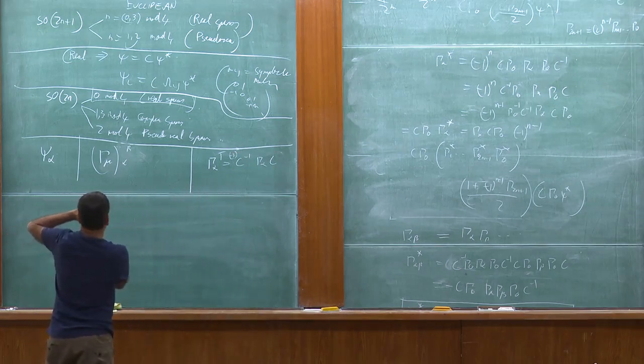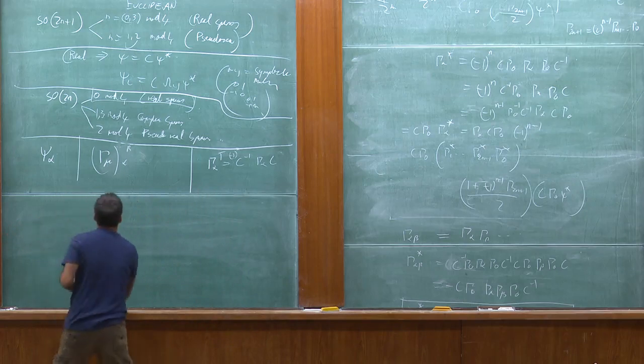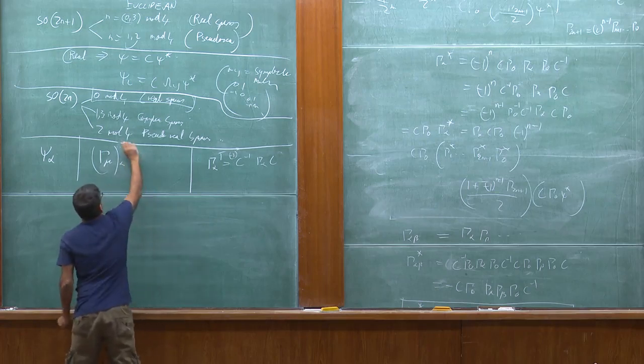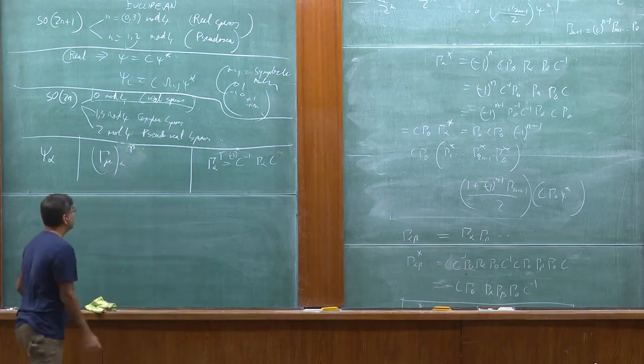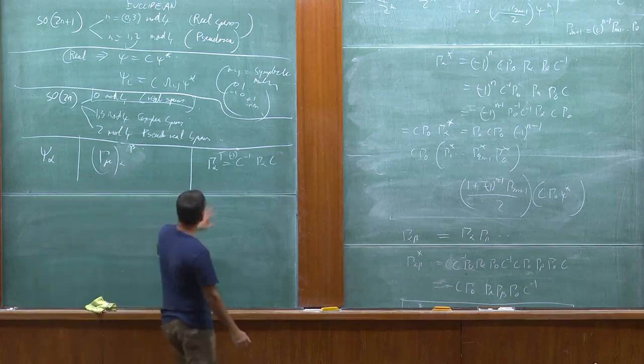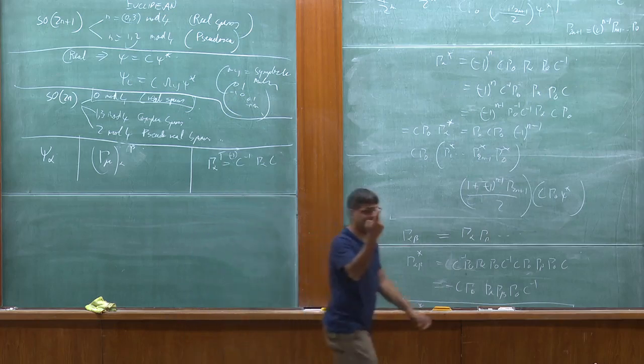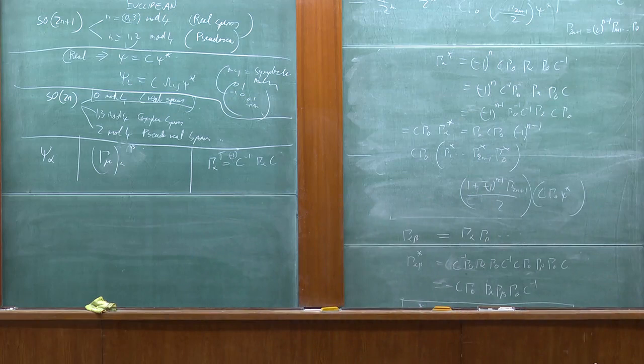Right. C inverse gamma C. Pretty good. Now look. What gamma transpose is doing is flipping the first and second index of the gamma matrix.